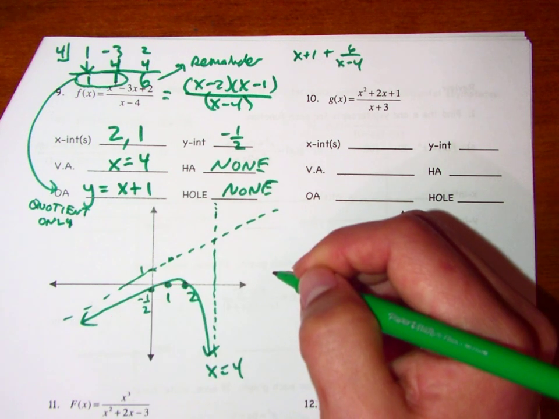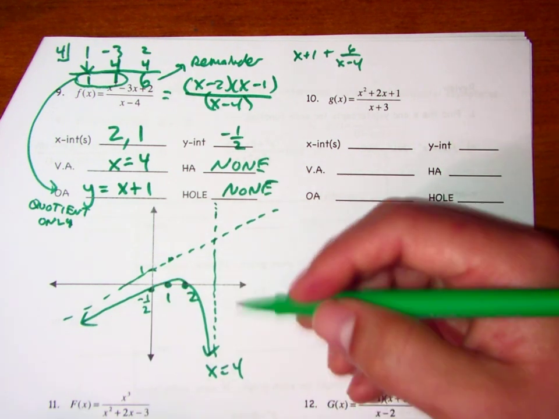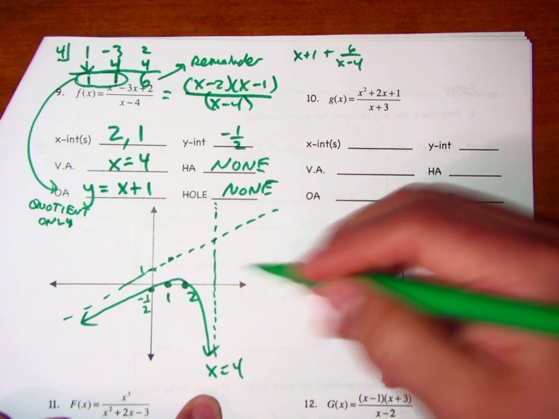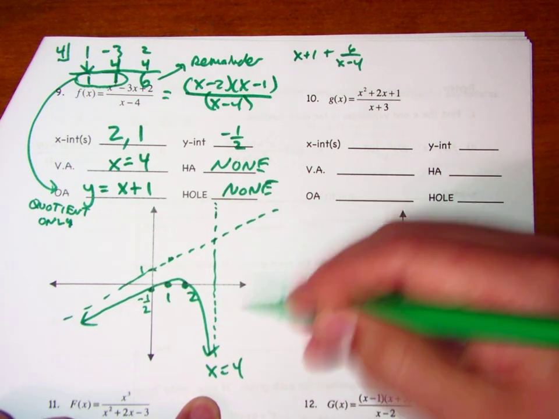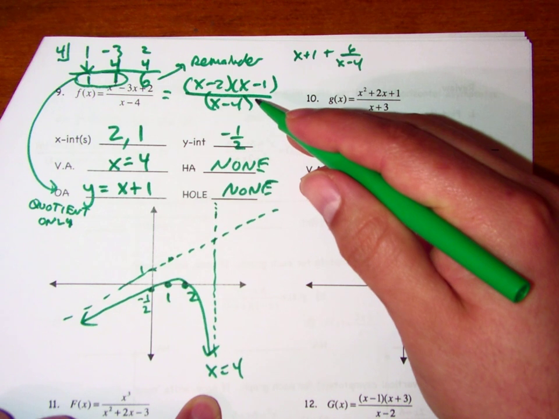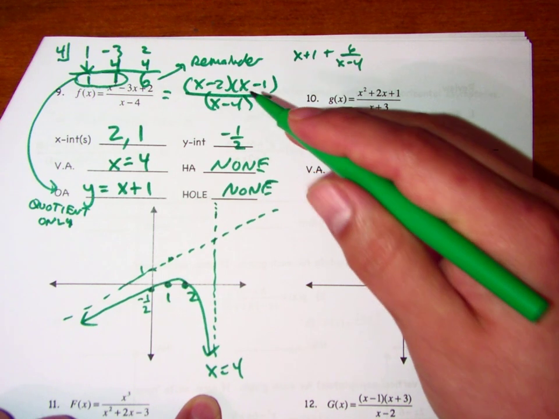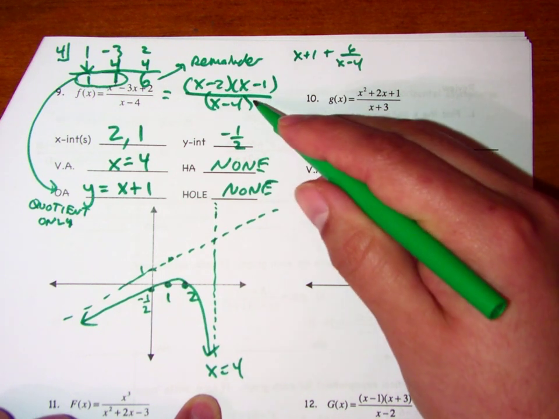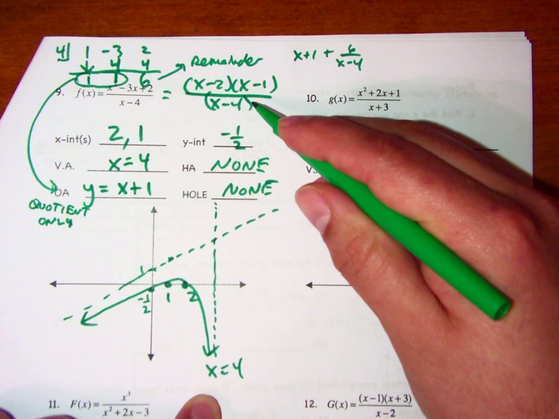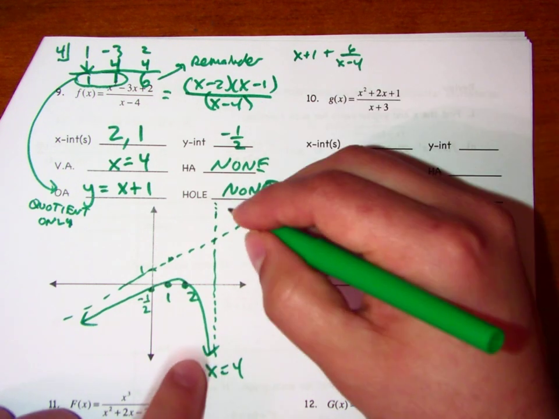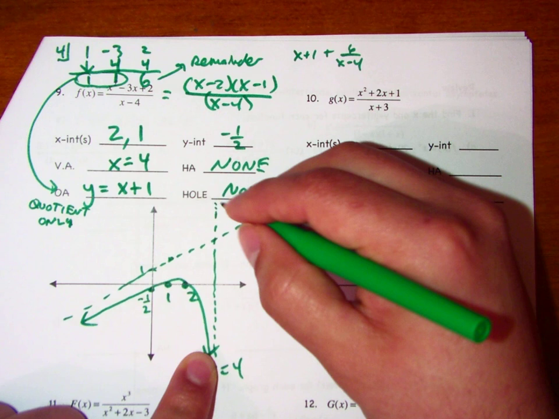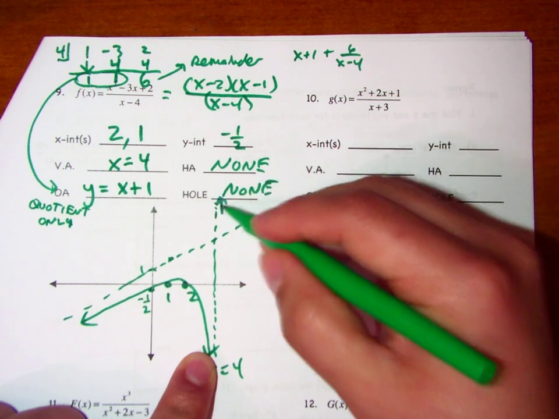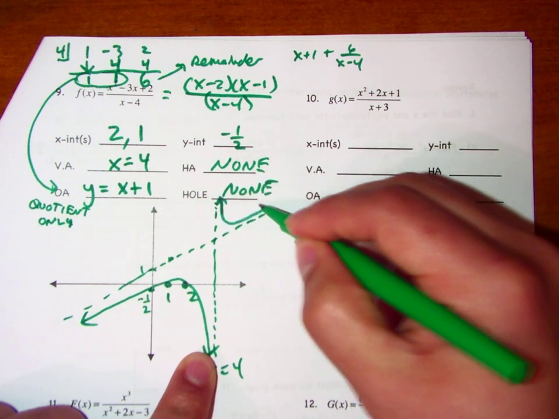Now over here, no x-intercepts, so this scenario would be impossible. Also, notice the multiplicity of the denominator factor is 1. Odd multiplicity means that these are going to be opposites. So if this is going down on the left, on the right it should be going up. And so that means we get something that looks roughly like that.